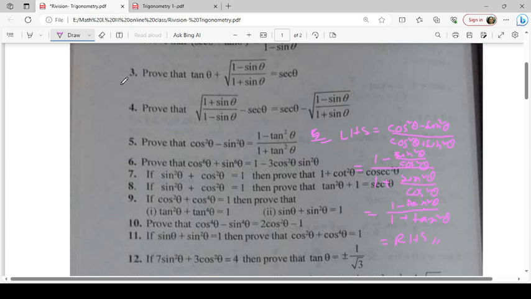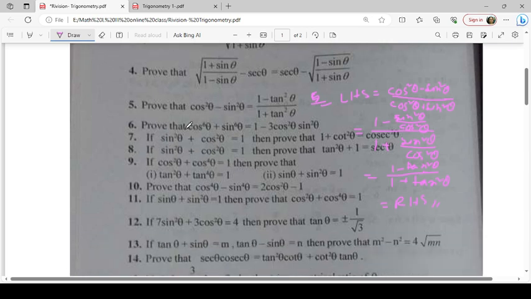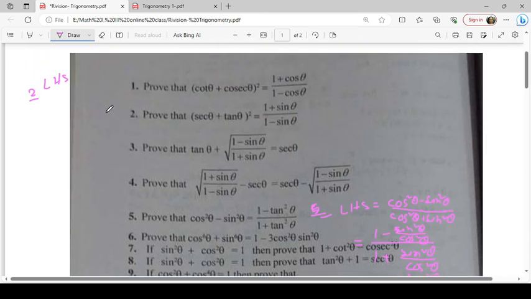So we are talking about number 6. Left hand side is, we can write a cube plus b cube, so it is cos square theta whole cube plus sin square theta whole cube, which is equal to a cube plus b cube.